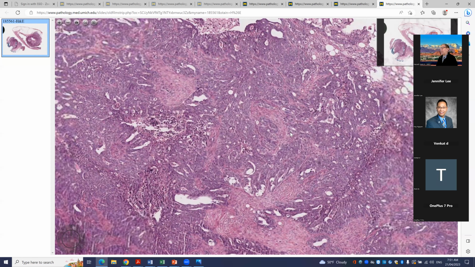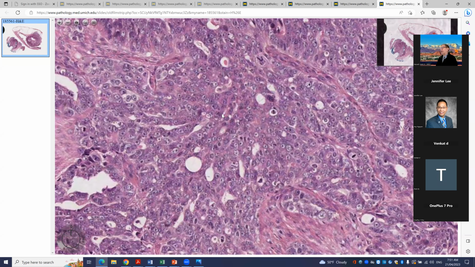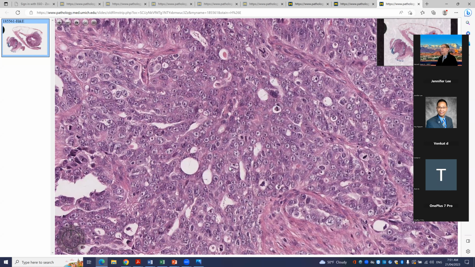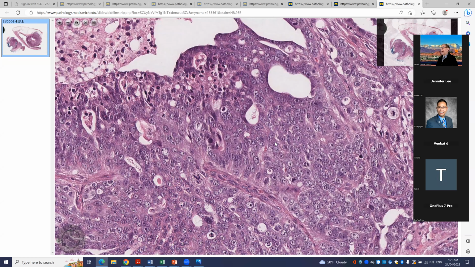So it arises probably in the distal fallopian tube, and it has this very characteristic morphology: high-grade nuclei, amphophilic cytoplasm, variable cystic and papillary structures, a very aggressive looking tumor. And usually it spreads, as we said, along peritoneal surfaces.